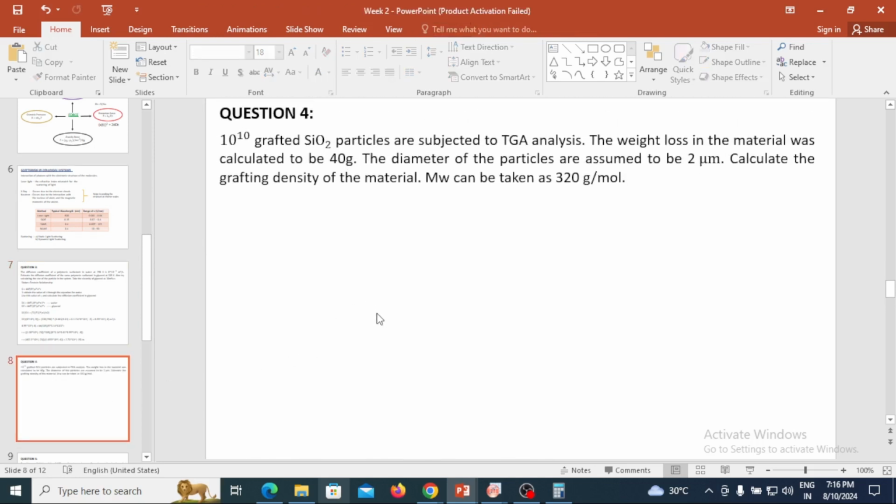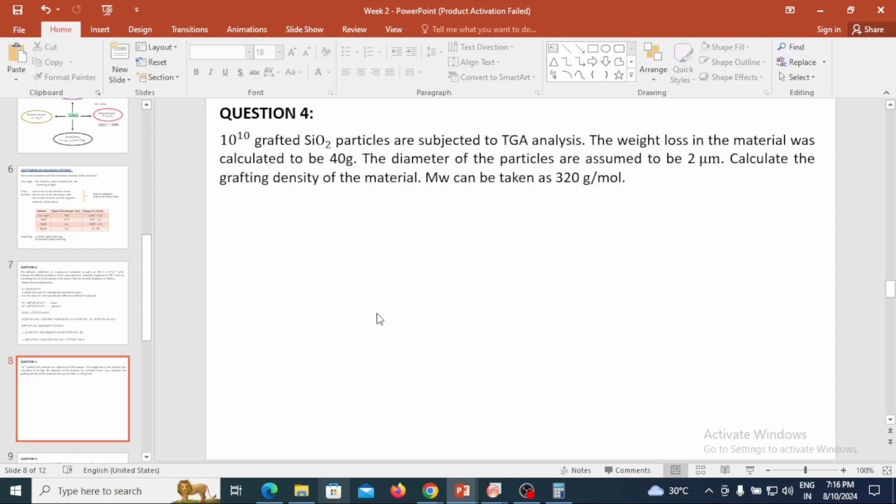Next question is about grafting. So this is more of a straightforward question. It states that there are 10 to the power 10 SiO2 particles that are grafted, and then they are going to be subjected to TG analysis.